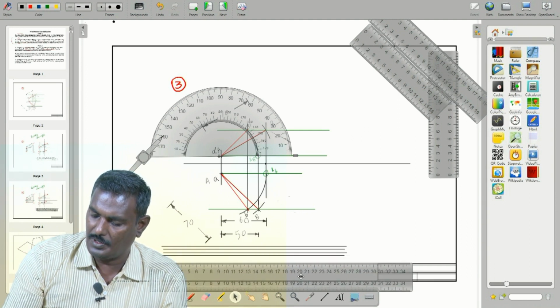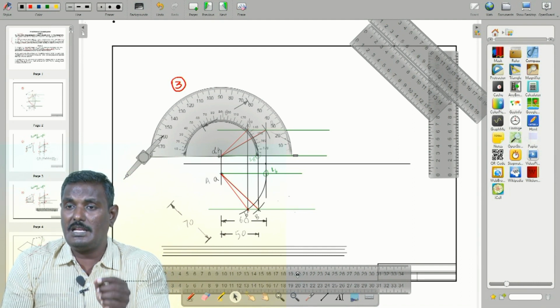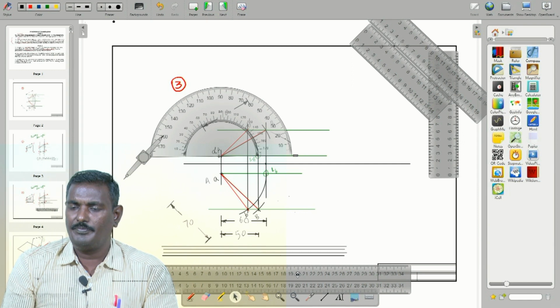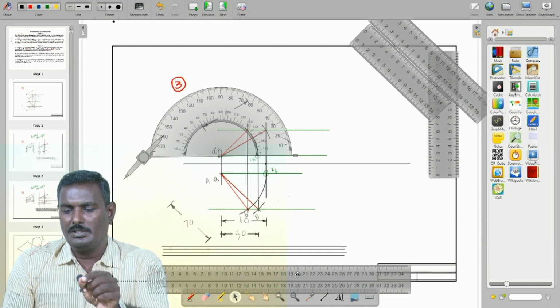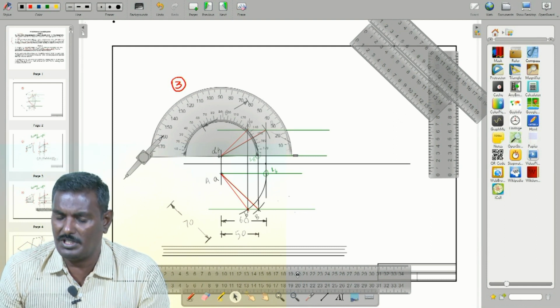Here we have to print the inclination of A dash B dash with HP, that is, with respect to HP.